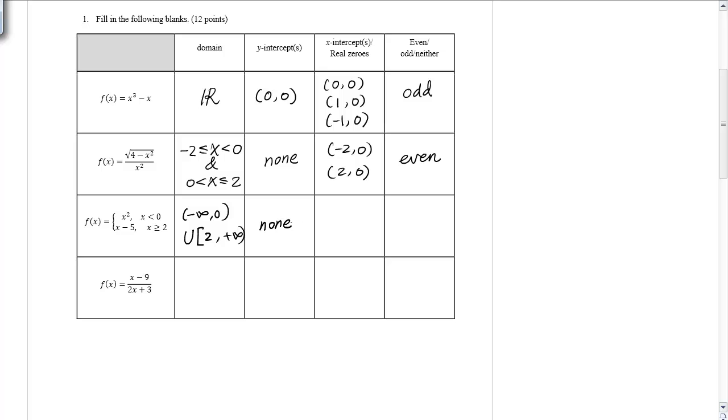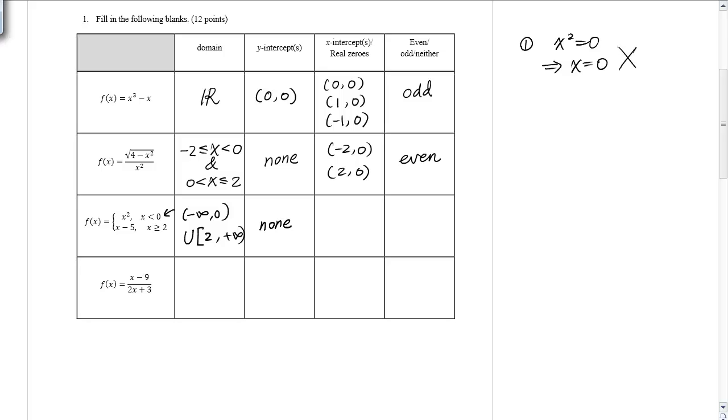To determine the x-intercepts, or the real zeros, we need to set the function to be 0. So we do that by setting each of the equations to be 0. If we set the first equation, x squared, to be 0 and solve for it, the solution will be x equals 0. However, x equals 0 does not belong to the interval for which this equation is applied.